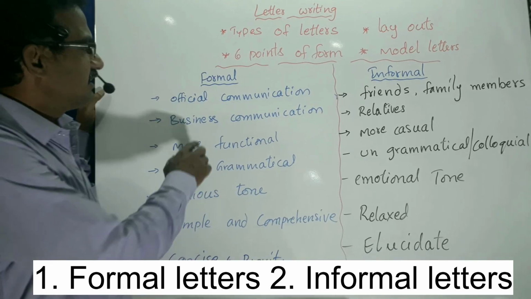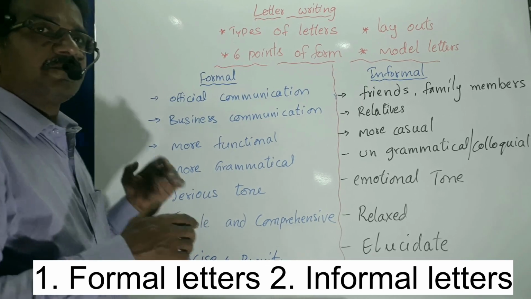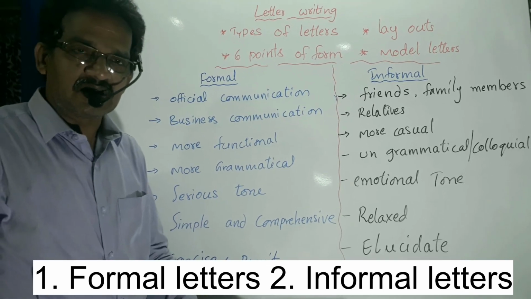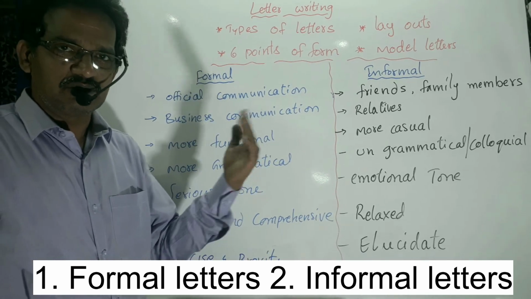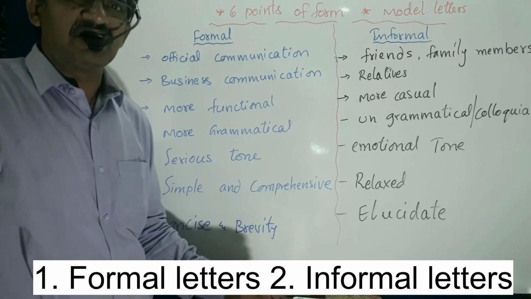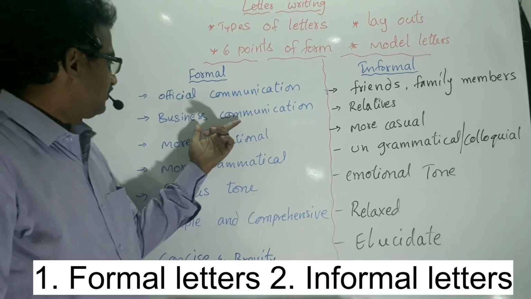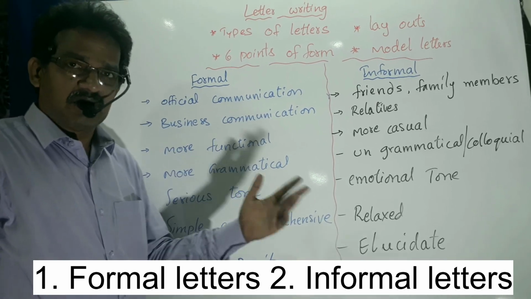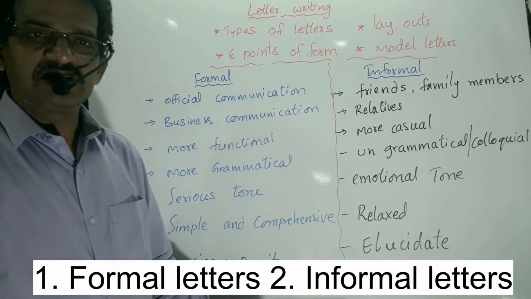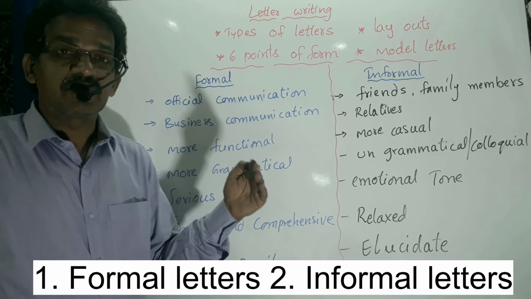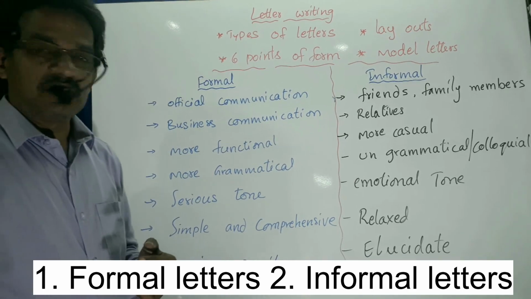When you want to write a letter to officers such as the district collector, the district educational officer or the municipal commissioner, for example a complaint to the municipal commissioner regarding the bad drainage system, that is what we call an official letter, or business communication. Or you may write a letter to the newspaper editor. That is also considered a formal letter.